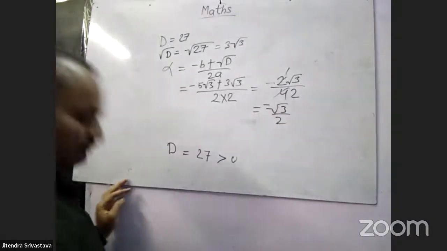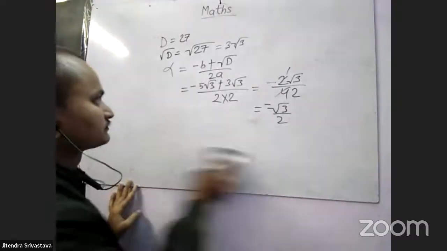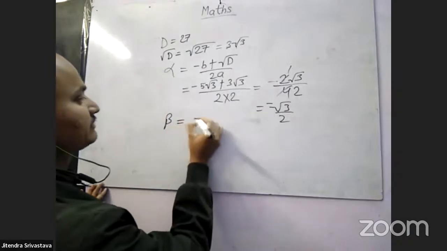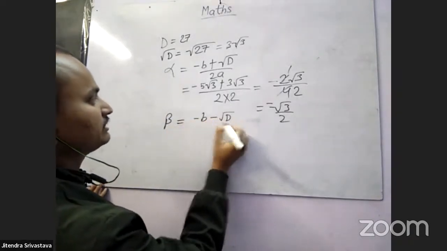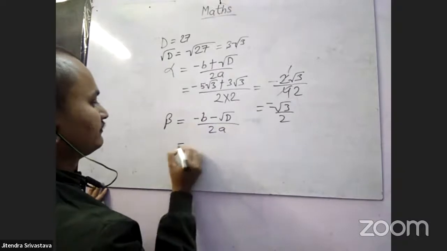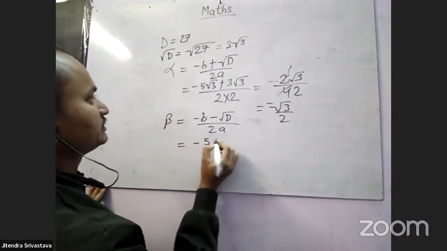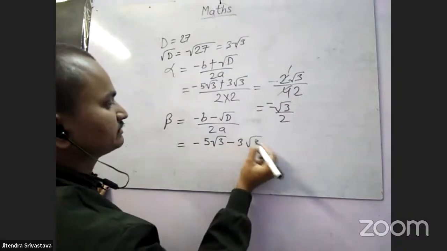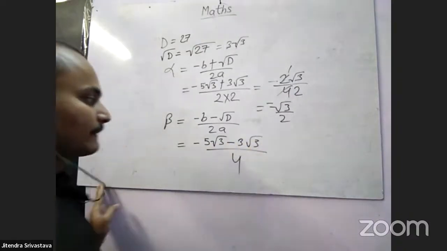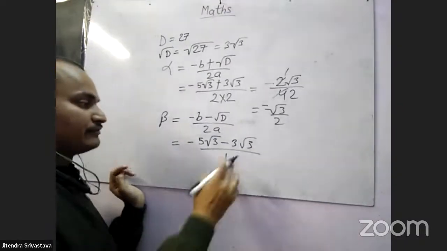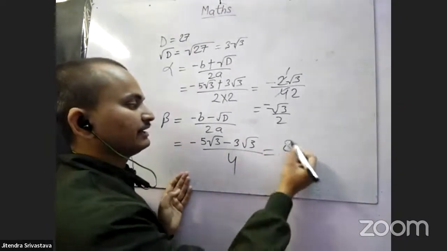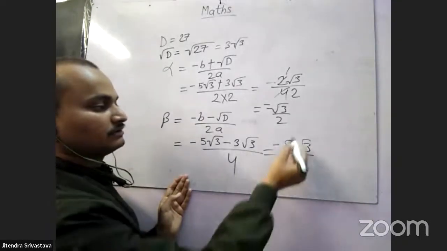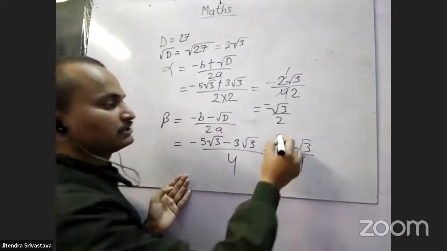So now for the value of beta, we will get minus b minus root D upon 2a. We will get minus 5 root 3 minus 3 root 3 upon 2 into 2, that is 4. Now here also we have to add this. We will get 8 root 3 with minus there only on 4, and if we cut this, we will get 2 here.